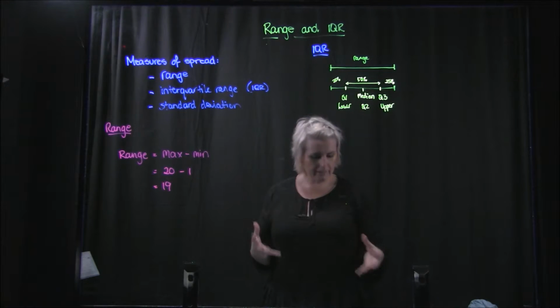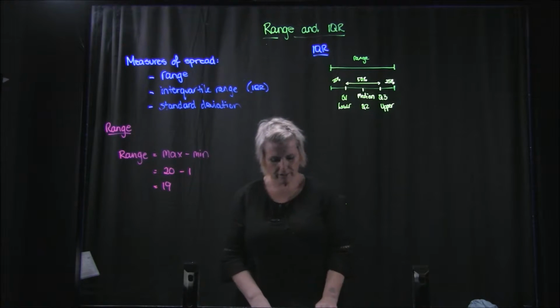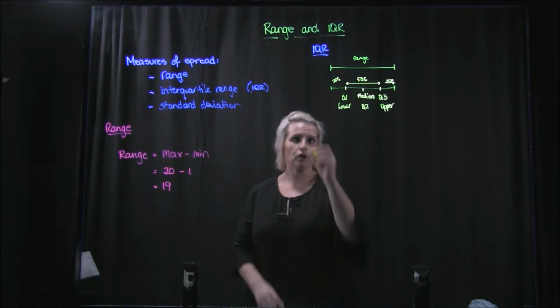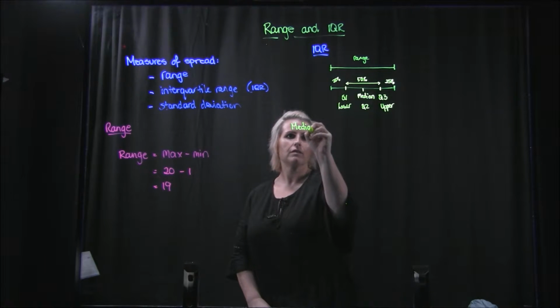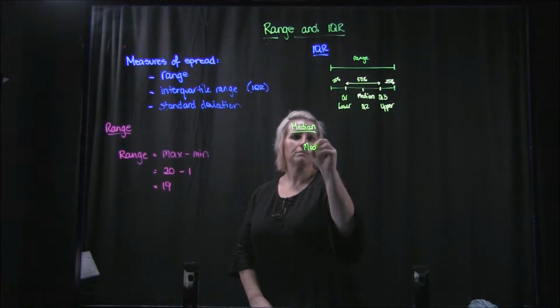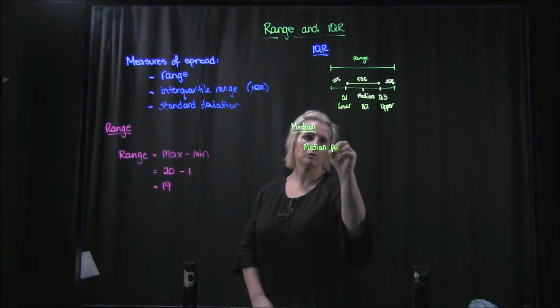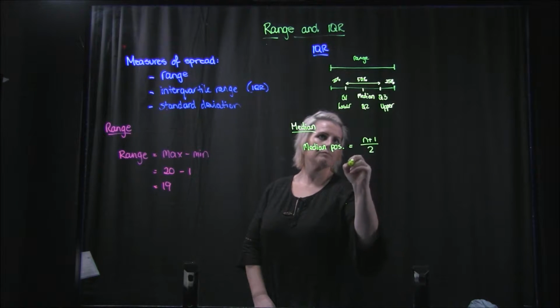To calculate the interquartile range, it's pretty simple. The first thing you're going to do is find the median. So step 1, find the median so that we have Q2. The median position, which we've done before, is n plus 1 over 2.